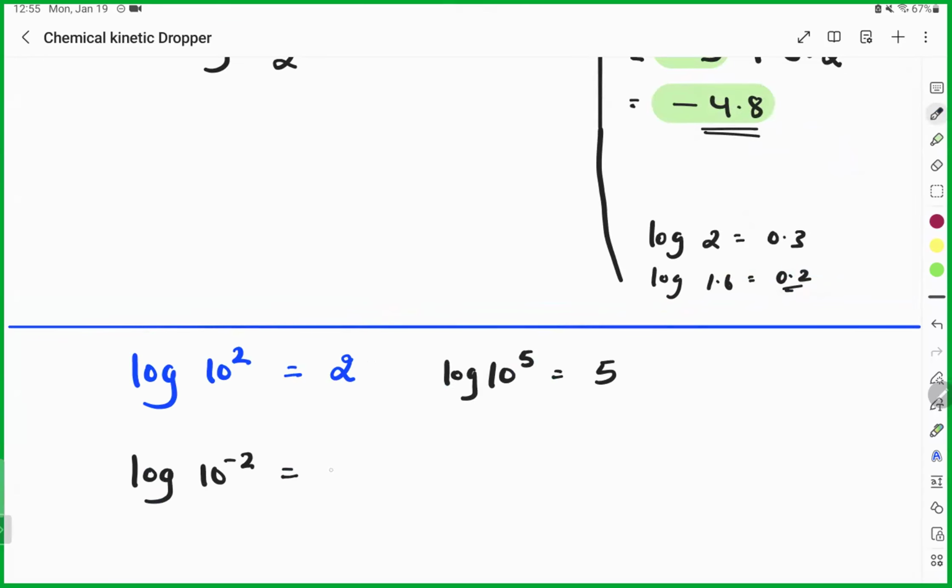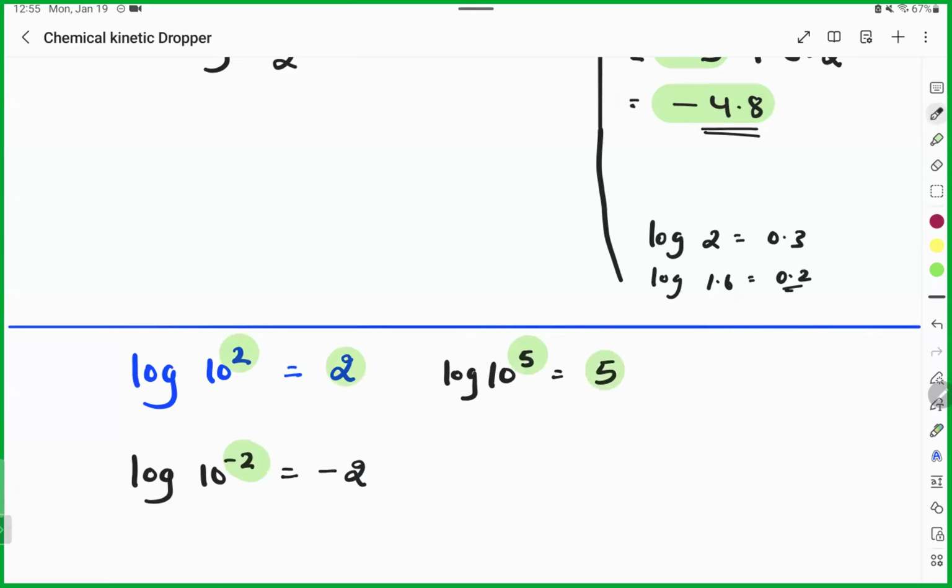Anvita, are you there? Bhartigya, are you there? Varinder, are you there? I heard my name. What did you ask? What will be the log of 10 raised to power minus 2? Minus 2. Whatever your power, that will be the number. 2 will become 2, 10 raised to power 5 becomes 5.